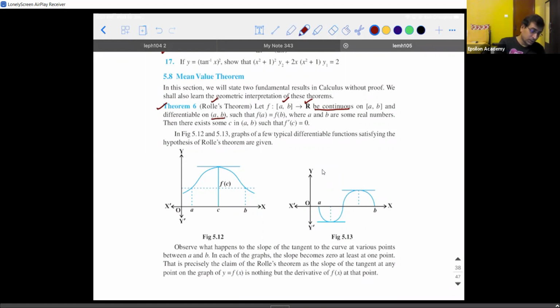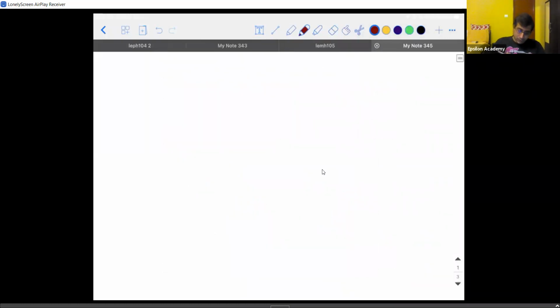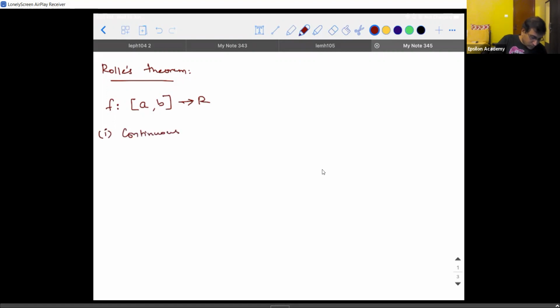So I'm going to club all these points and write them on a separate page. What are they trying to say? I want you to make notes the way I'm going to write. When you talk about Rolle's theorem, you have a function mapped from the closed interval a to b to the real number set, such that the first condition is that it should be continuous on the closed interval a to b.